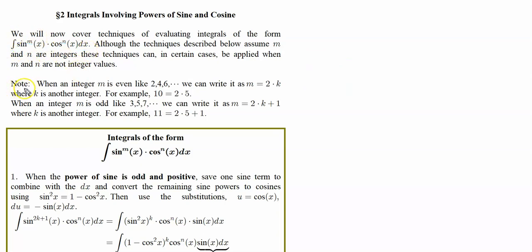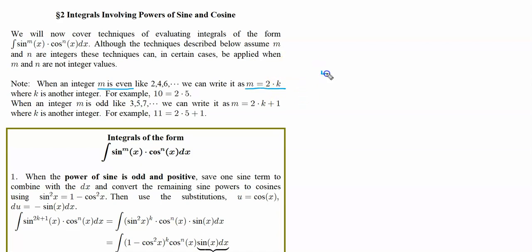First of all, let's recall what it means for an integer to be even or odd, its precise definition. When an integer m is said to be even, like 2, 4, 6, 8, and so on, that means you can write it in this form. So an even integer can be written as 2 times some other integer.